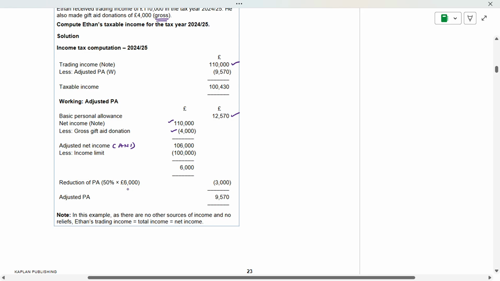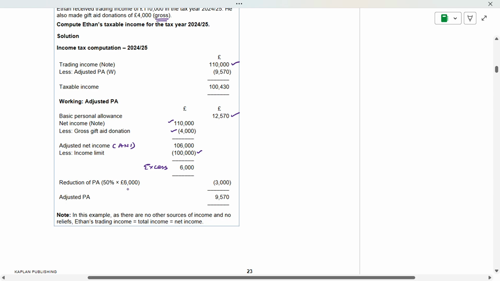What is the income limit? They said more than 100,000, you should get 50%. You have to deduct 100,000 here. Any doubt, smallest of the smallest doubt, ask me. How much do you get in ANI? ANI is 106. Income limit is 100,000, where you can make a deduction. How much is the excess?